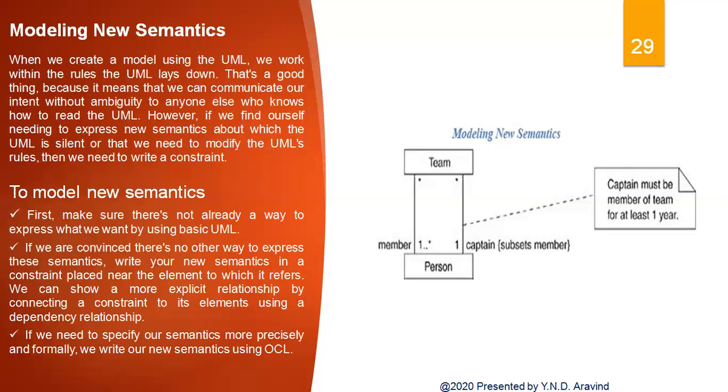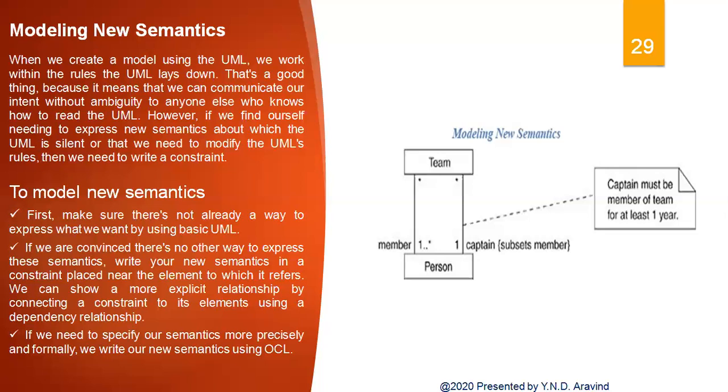So here, to model the new semantics, first we make sure that there is not already a way to express what we want by using the basic UML. If we are convinced that there is no other way to express these semantics, we need to write our new semantics in a constraint placed near the element to which it refers.